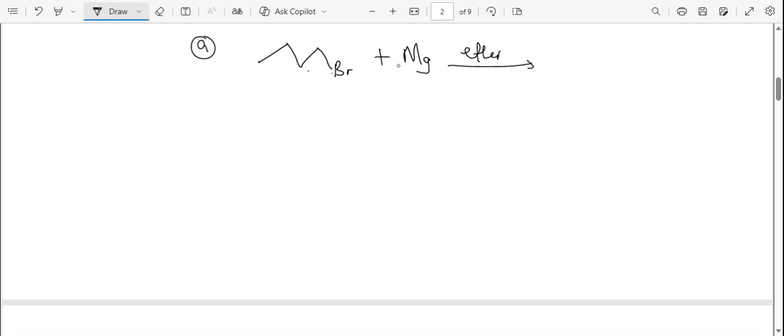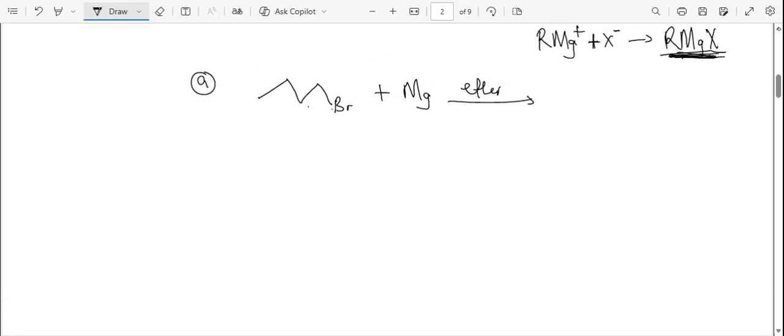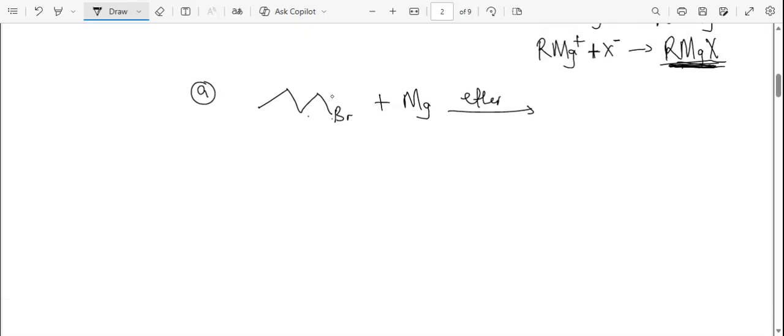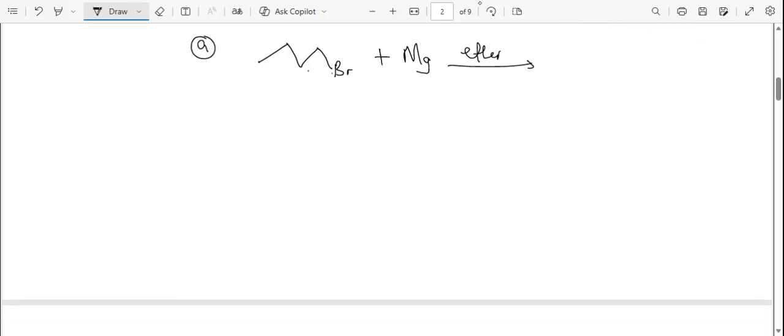So what will be formed is that the magnesium will come and bond in between there. That's the rule we made at first. The R is this alkyl group, then the Mg will be in the middle, then the halide will be on the other side, which is the bromine in this case. So we form the same thing.